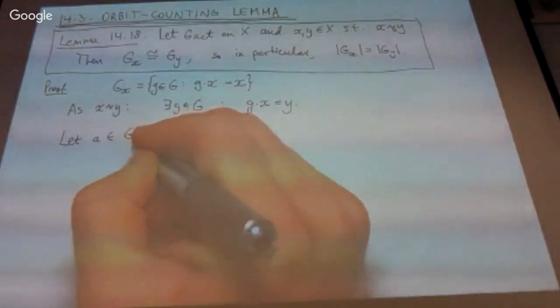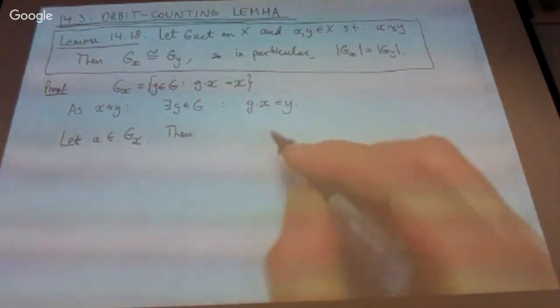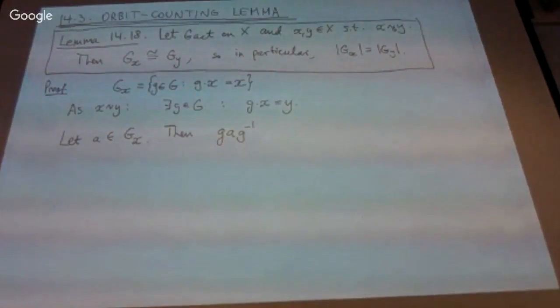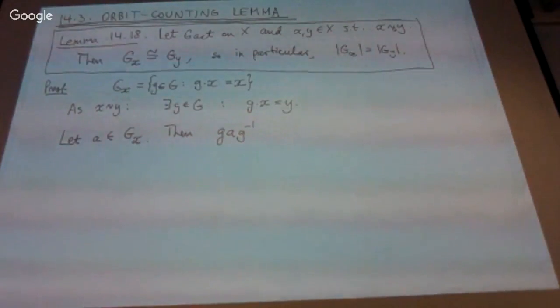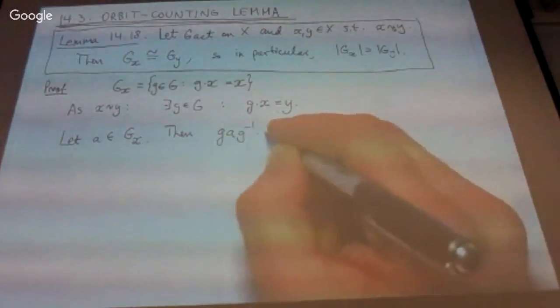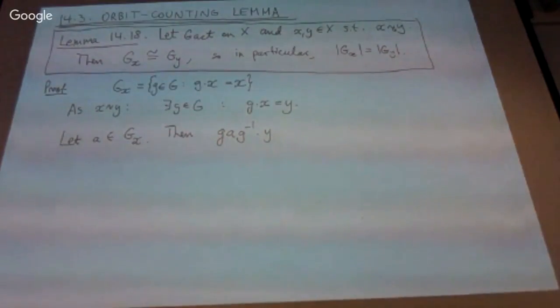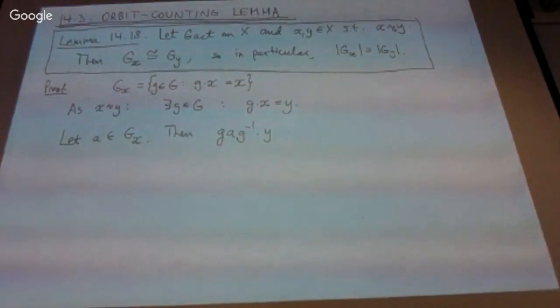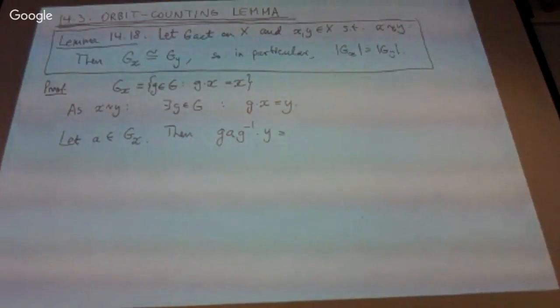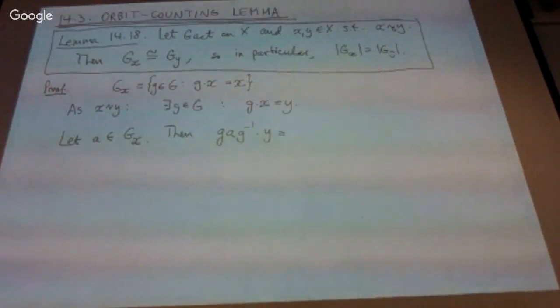Now, if I take something from the stabilizer of X, then I do the conjugation with this specific g, that's one of the g's that take X to Y, and let it act on Y. So we have this element that acts on Y. But because of what actions do, there's this kind of associativity-ish thing.